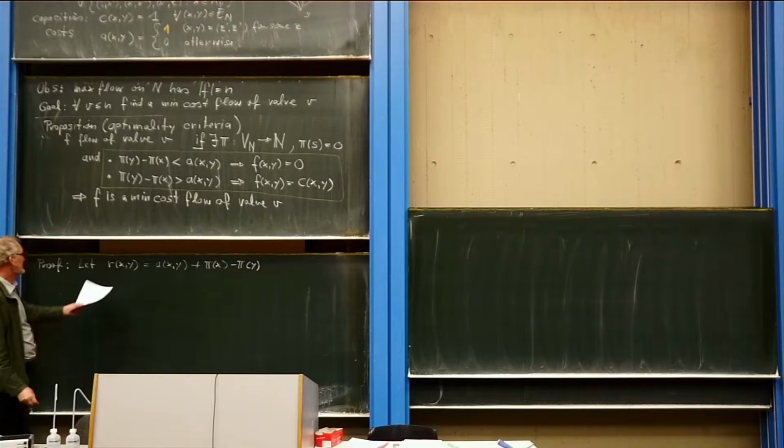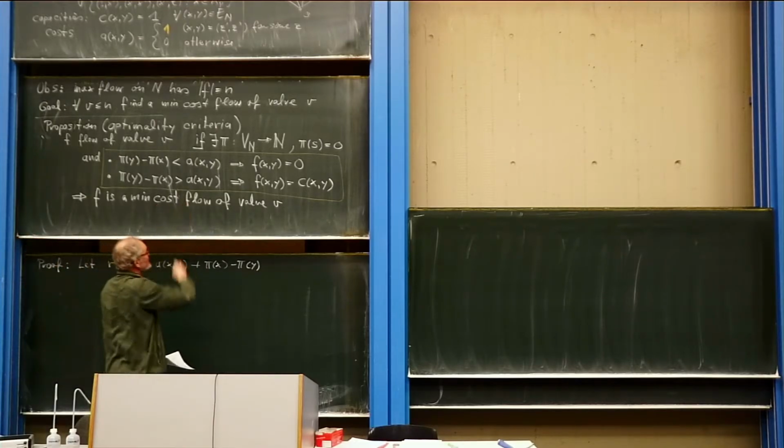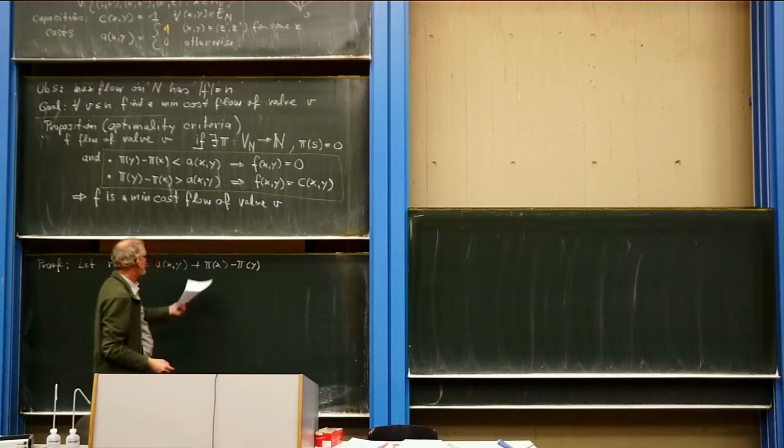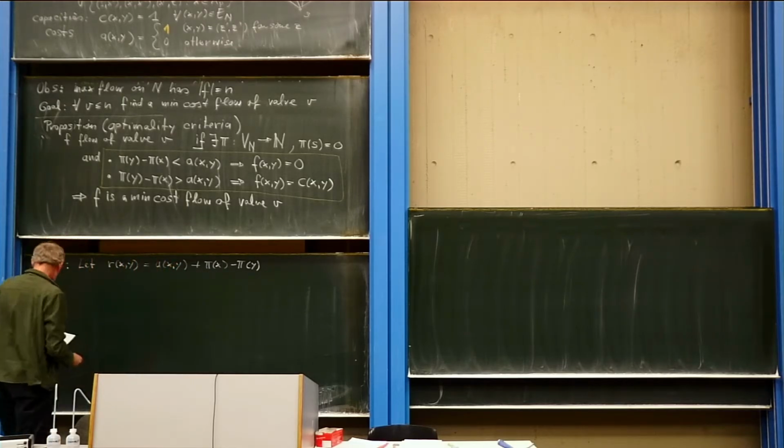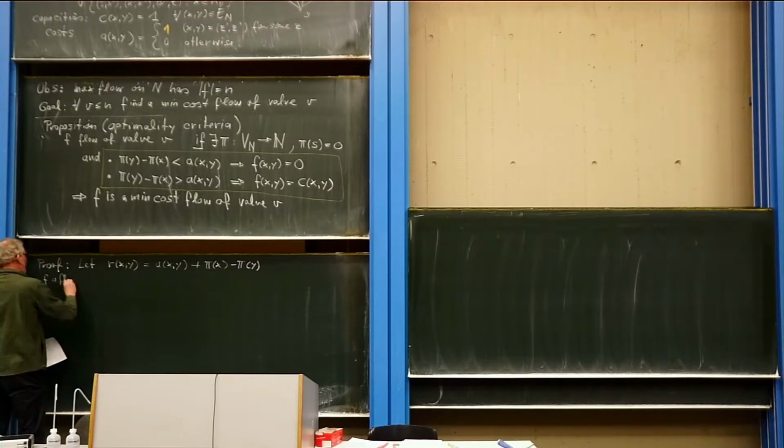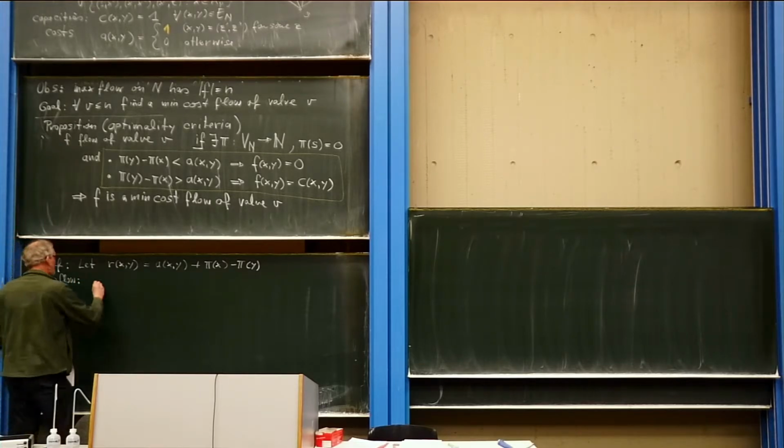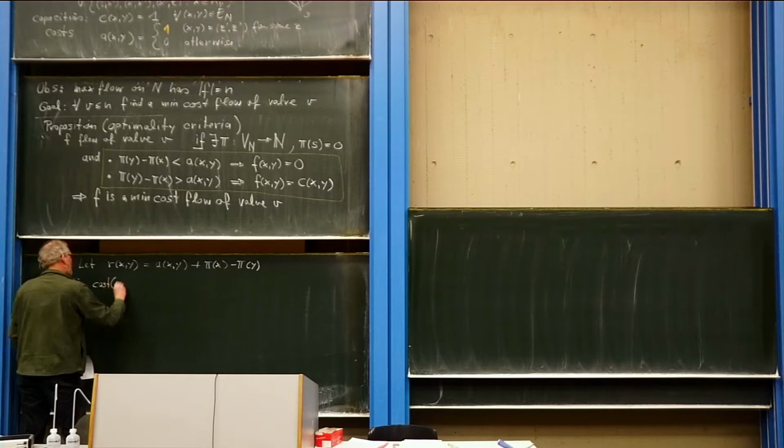This is some function on the edges which depends on this potential but not on the flow. And now we take f a flow and we consider the cost of f.